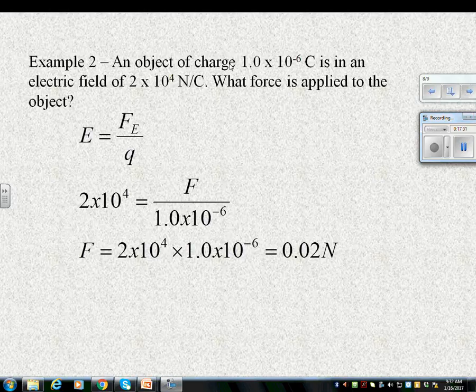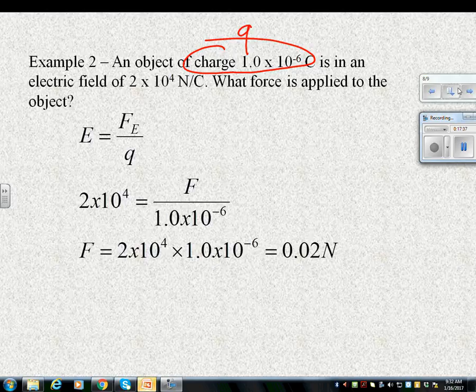An object of charge, that is the Q, is in an electric field of 2 times 10 to the 4 newtons per coulomb. That is our E, and you're solving for the force applied. So E equals F over Q, and you solve by multiplying.